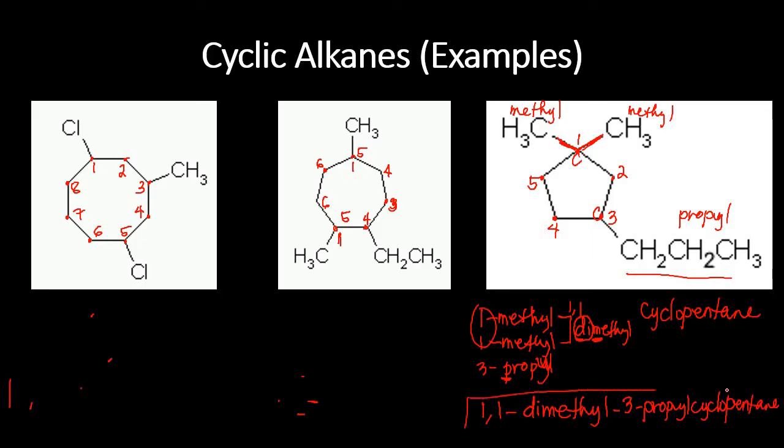So this will be our final answer. Let's check. 1,1-dimethyl 3-propyl cyclopentane. And that's it for the second video in naming alkanes, especially on cycloalkanes. I'll see you in the next video.